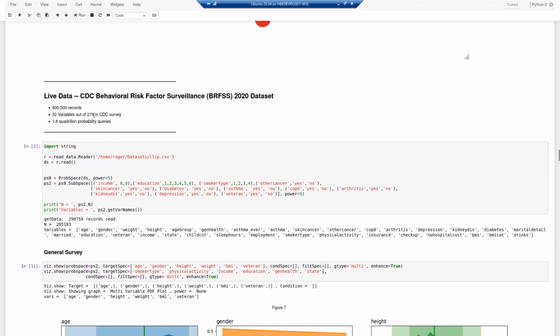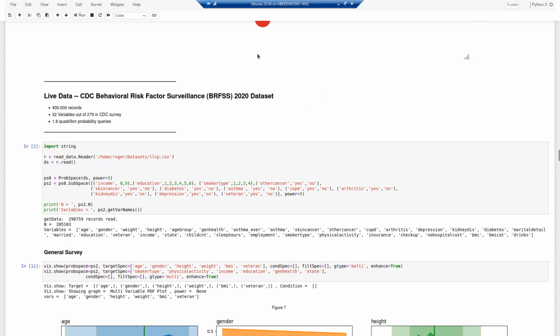Out of those 279 variables, we extracted 32 that we thought were interesting. We could have found a lot more interesting data. It's a very, very useful, interesting data set, but we wanted to keep it to a reasonable number.